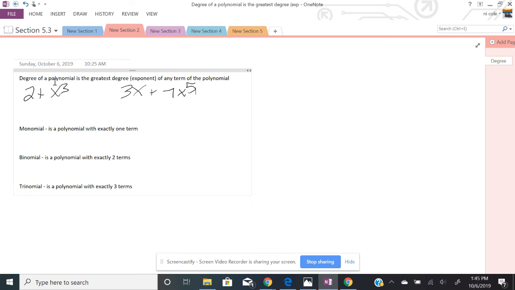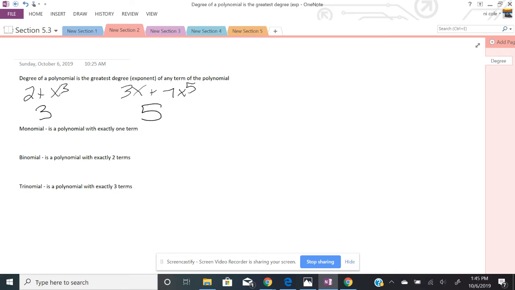So it's the greatest degree, and therefore this one's degree is 3. If I looked at this example, 3x has a power of 1, so that would be a degree of 1. But 7x to the fifth has a power of 5. So the degree of this expression is 5.